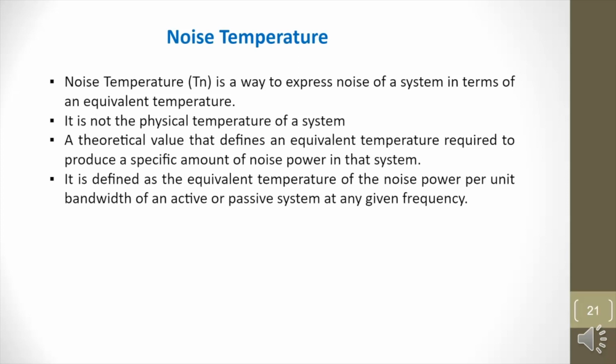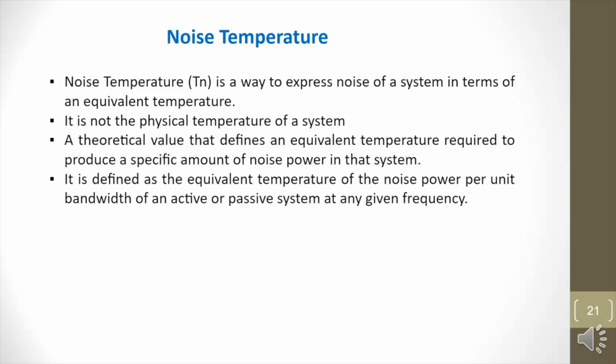Coming to noise temperature, Tn is a way to express noise of a system in terms of an equivalent temperature. It is not the physical temperature of a system; it's a theoretical value that defines an equivalent temperature required to produce a specific amount of noise power in that system.